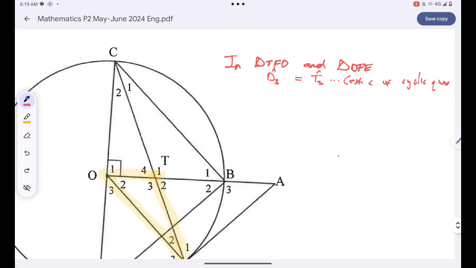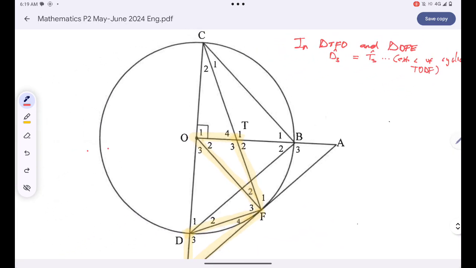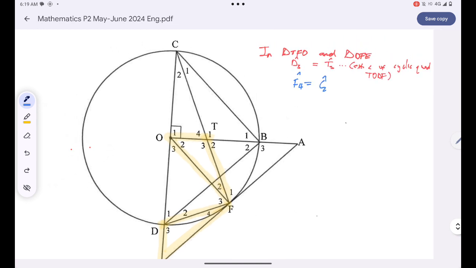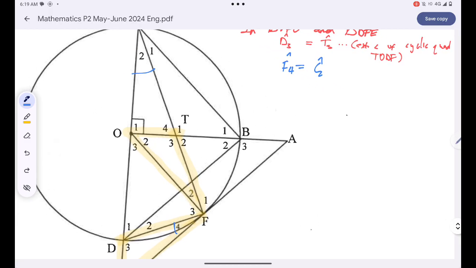Okay, and then secondly, I know that F4 is equal to angle C2. This angle and that angle are equal. Why? Because of the Tan-Chord theorem.